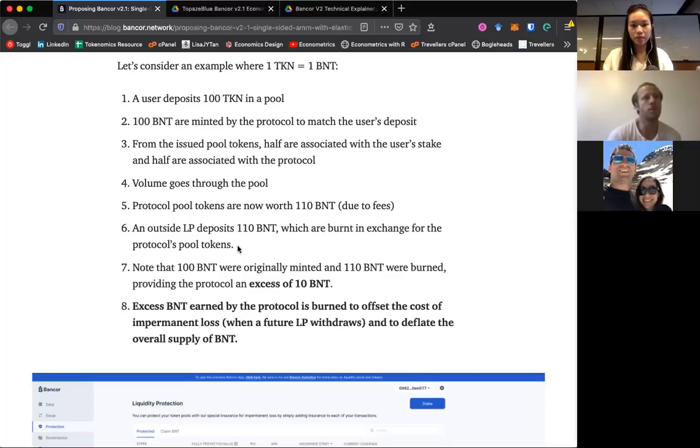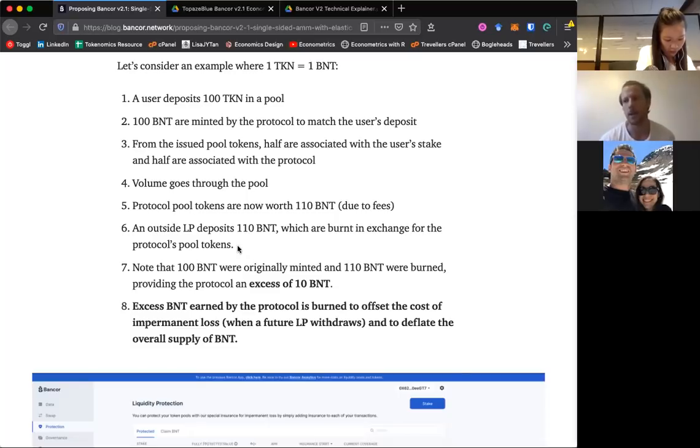Well, I guess a key part of the system is that there are existing BNT holders who would also like to generate yield on their BNT.